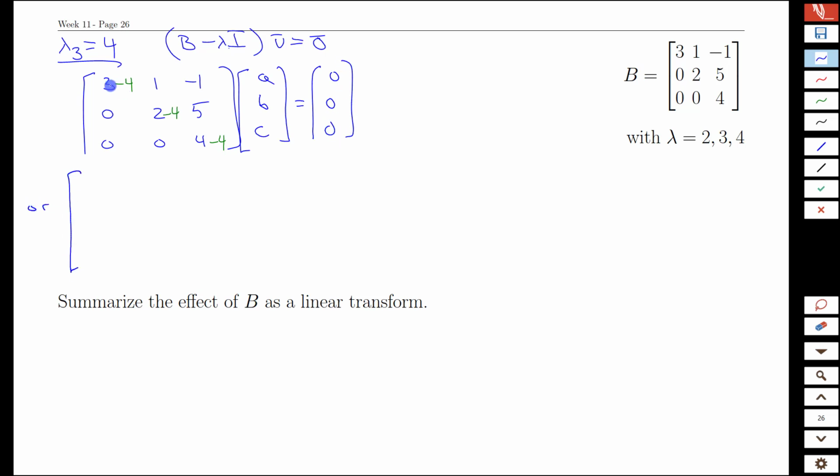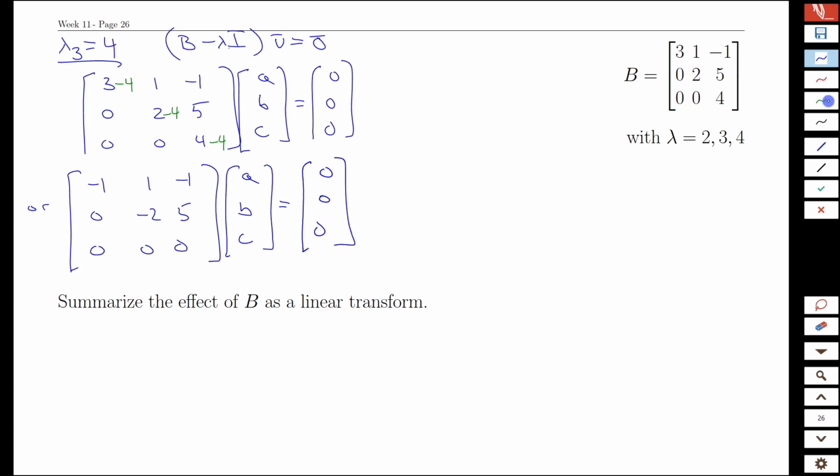That matrix can be represented instead, just doing the calculation, 0, minus 2, 5, and 0, 0. Oh, there we go. There's our obviously not invertible matrix. Check. Not invertible.